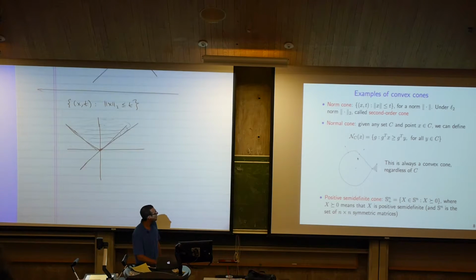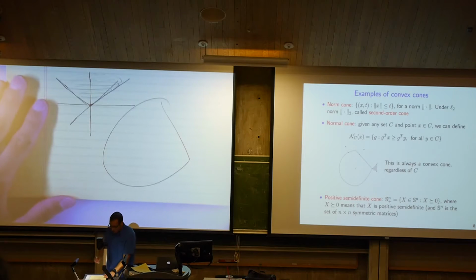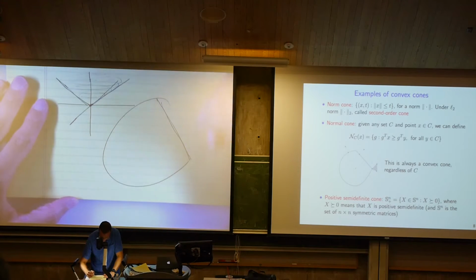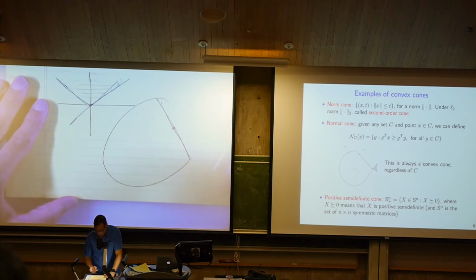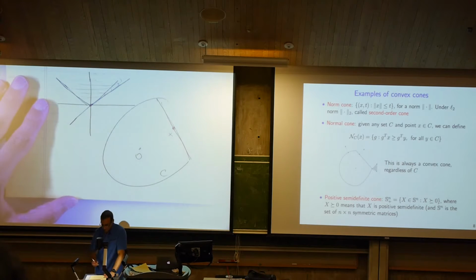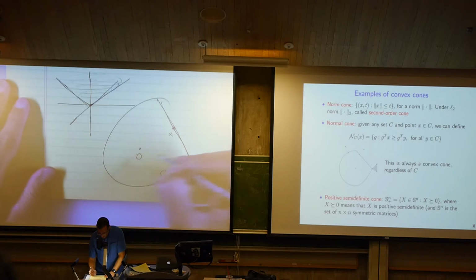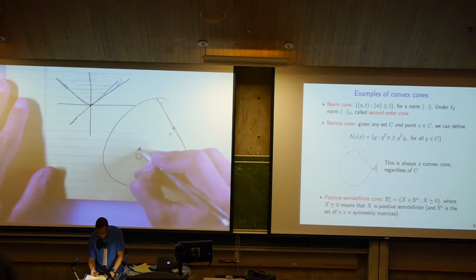Here I've drawn a picture of the normal cone at a bunch of different spots. Probably it's easier just to draw it again. Suppose I have some set C like this, and let's pick a point x here, for example. The normal cone is the set of all vectors whose inner product with x is biggest relative to all other points in the set.